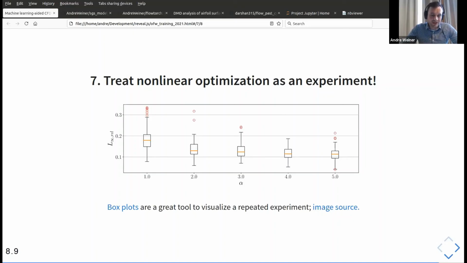A really nice way to represent those uncertain outcomes is to create a box plot. The box plot gives you information about outliers, about the mean, and a little bit about the distribution, whether it's normal or not, more or less. You can follow the links here on this slide to learn more about it.